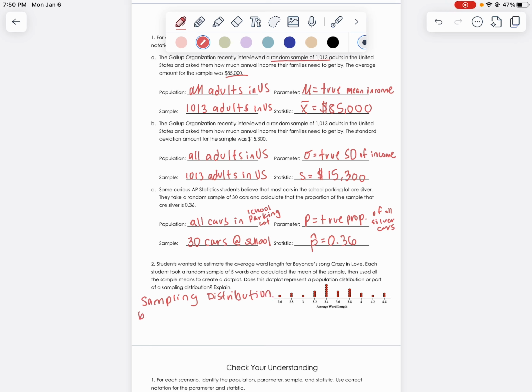And the reason is because each dot represents a statistic from a different random sample.